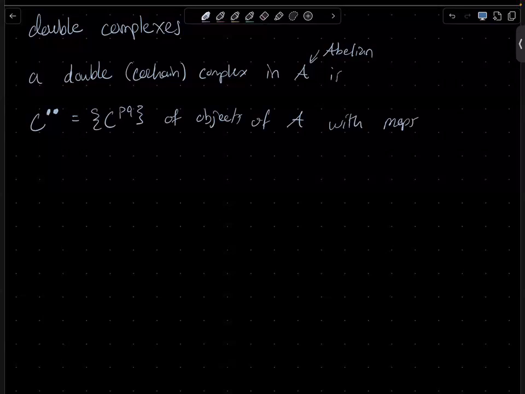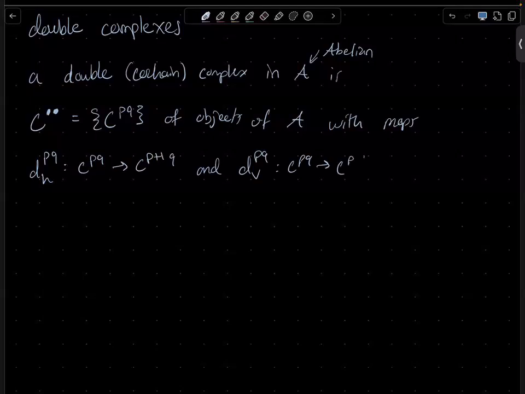So I have horizontal differentials and I have vertical differentials. So d_h^{p,q} goes from C^{p,q} to C^{p+1,q}, a horizontal differential. And then there's also the vertical differential d_v^{p,q} going from C^{p,q} to C^{p,q+1}.